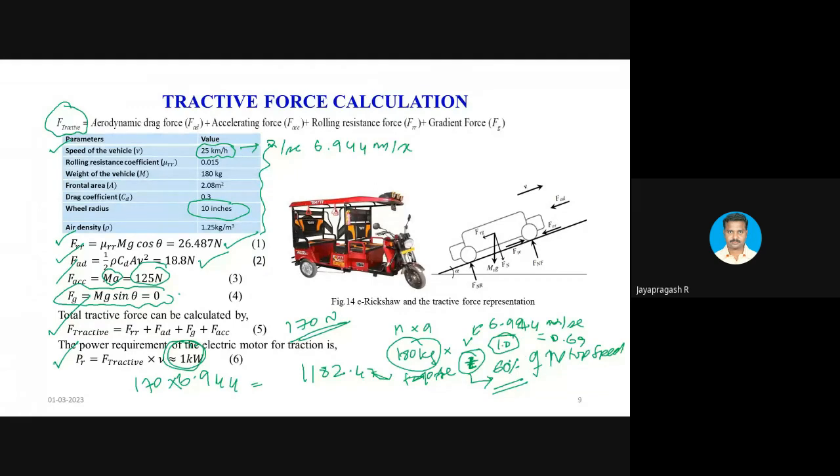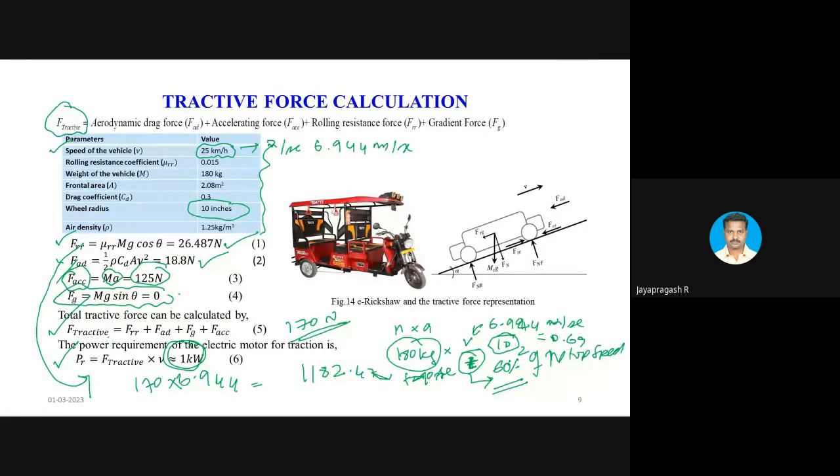Suppose you need a faster response, and within a quicker interval of time you want to accelerate the machine to 60% of the top speed, say for example a racing bike. It needs a much lesser acceleration time. So if I reduce this 10 seconds to 2 seconds, the accelerating force will increase, and when the accelerating force increases, the power rating also increases.